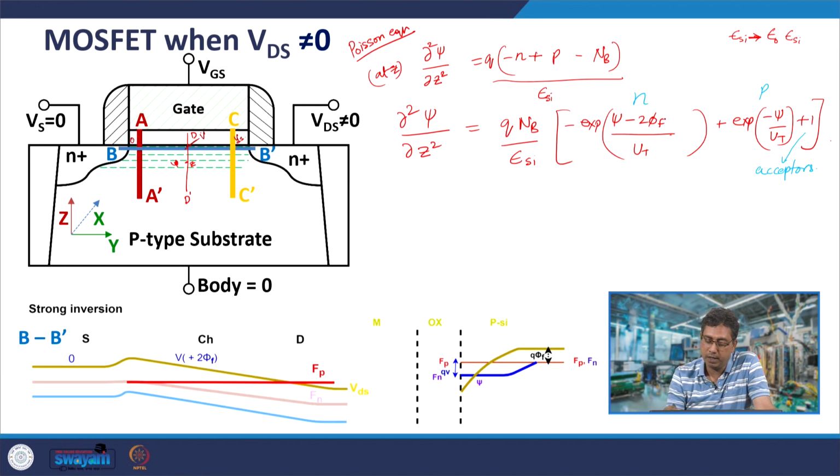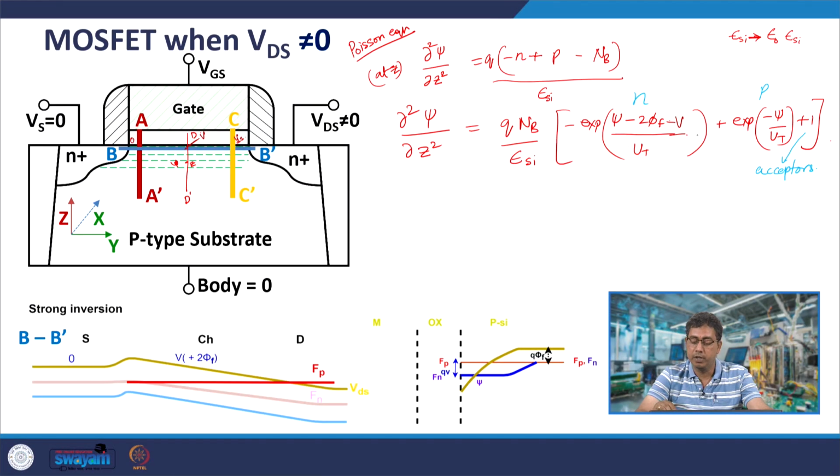As we had seen earlier, the electron concentration would reduce by a factor V. As you can see, the electron concentration does not reduce by the same value as the hole concentration.